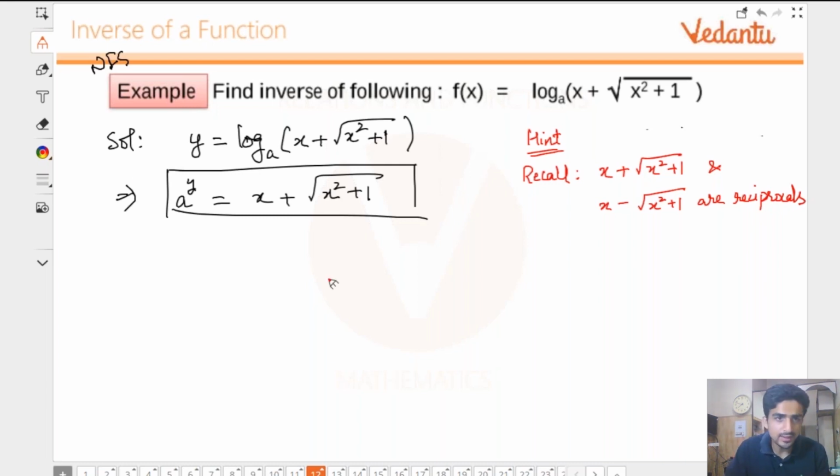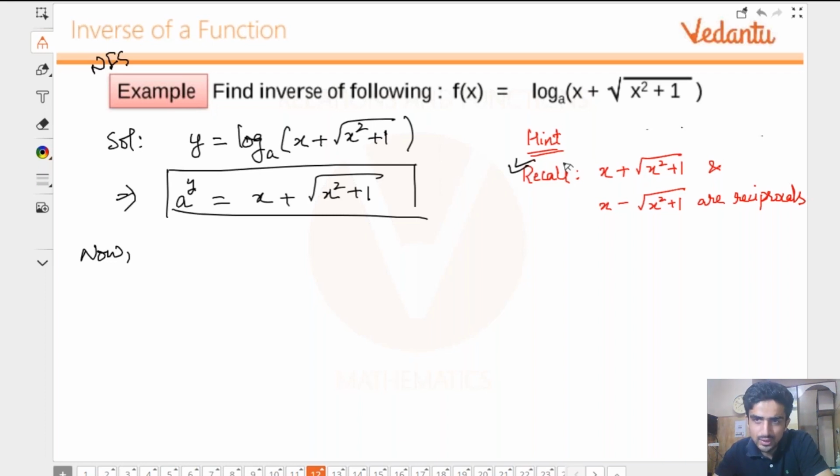Just read out the hint. Do you understand this hint? First of all, tell me. All of you are getting perhaps the right answer. That seems to be correct. Do you remember this hint?